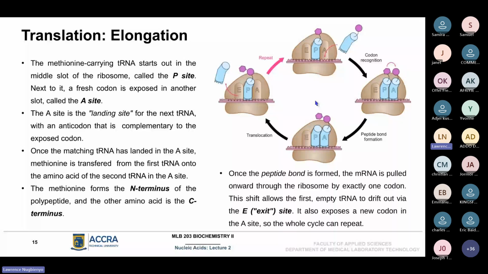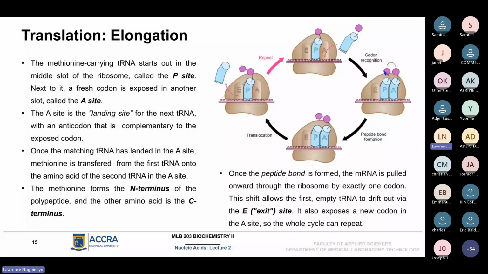Now you see here that the methionine forms the N-terminus of the polypeptide. All it means is that if you take the amino acid methionine, if this is the methionine which is there for the first time, and then there is the second amino acid coming in, you see that it is the first amino acid that moves to bind onto it.